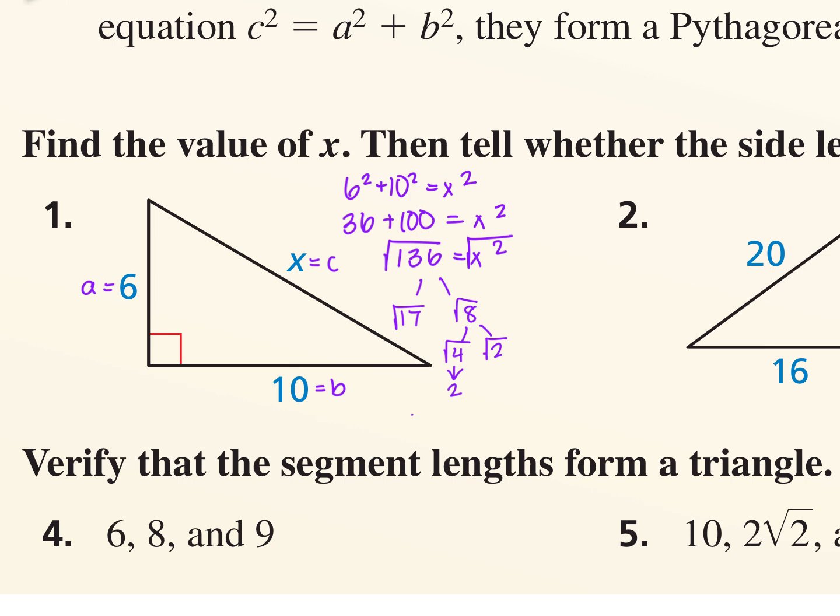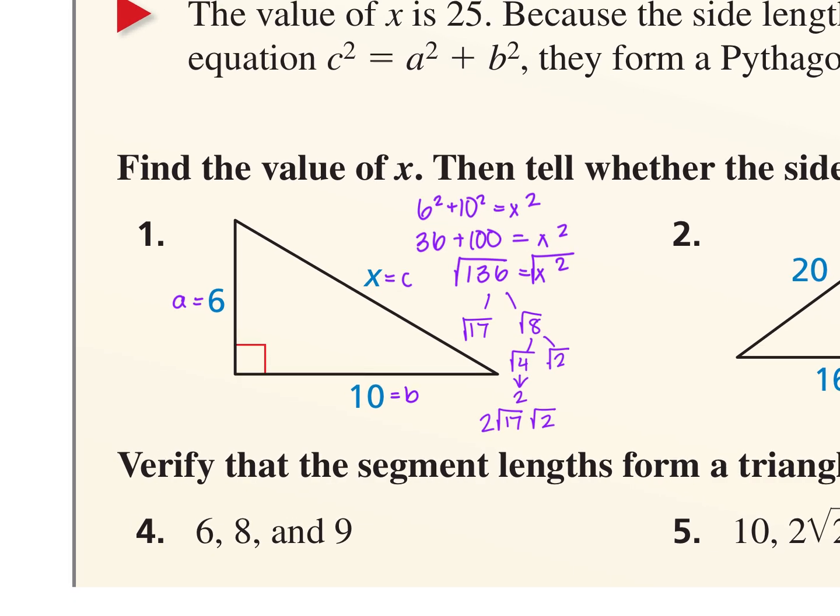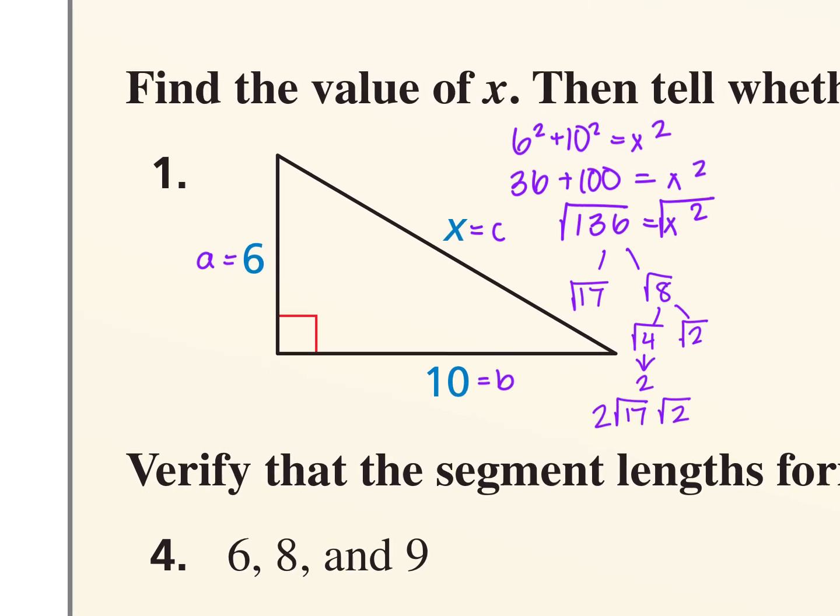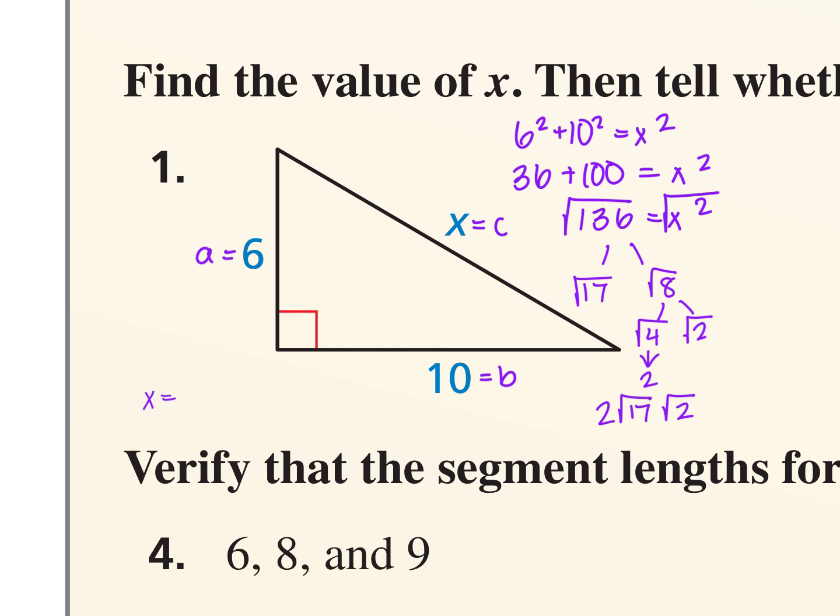So what do I have left? I have 2 times the square root of 17 times 2. So I'm going to write my answer over here. X is going to equal 2 times the square root of 34. Is this a Pythagorean triple? No, because the square root will give me a decimal, so this is not a Pythagorean triple.